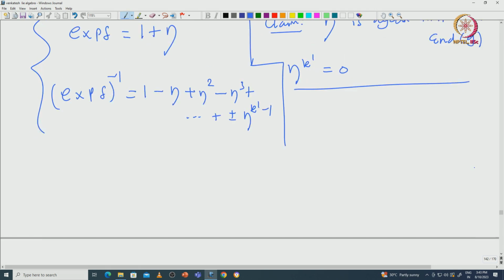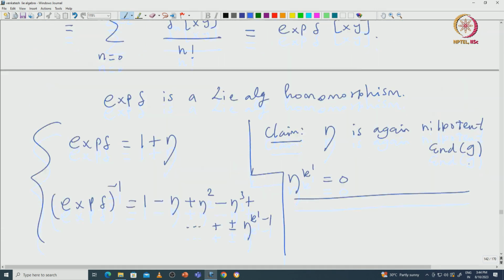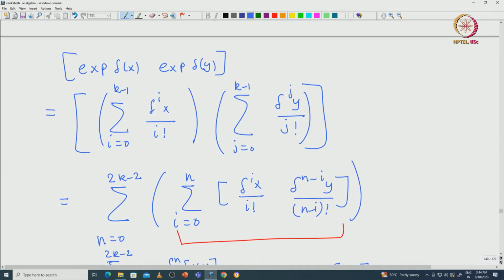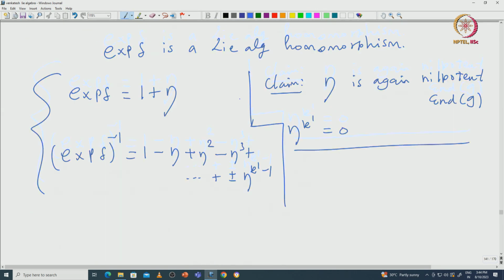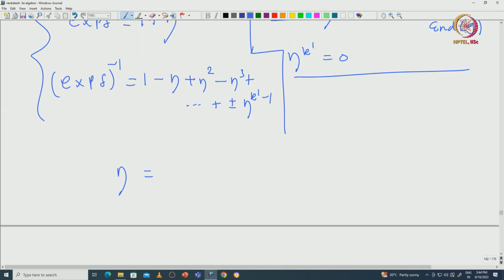If you recall the definition of exponential delta, which is just summation delta power i divided by i factorial, that means eta is nothing but delta plus delta square by 2 factorial plus etcetera. So, eta is delta by 1 factorial, delta square by 2 factorial plus and so on plus delta power k minus 1 by k minus 1 factorial.